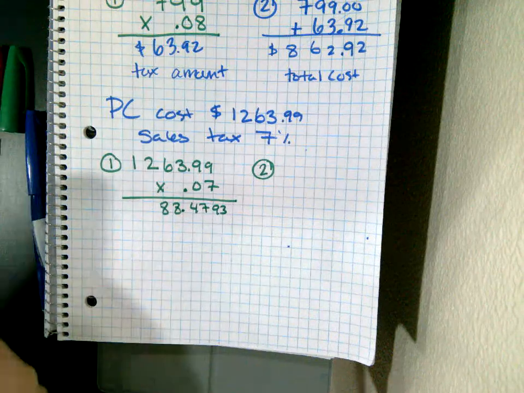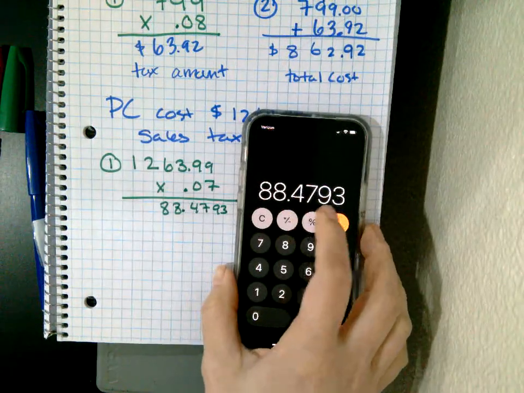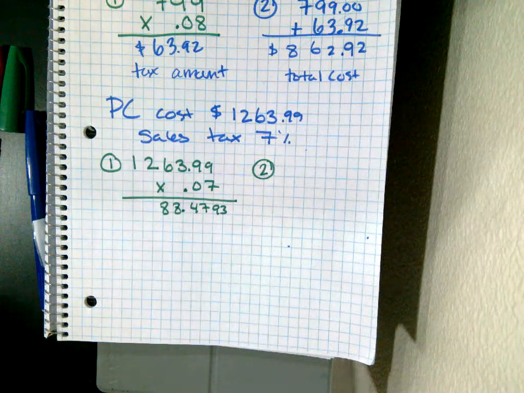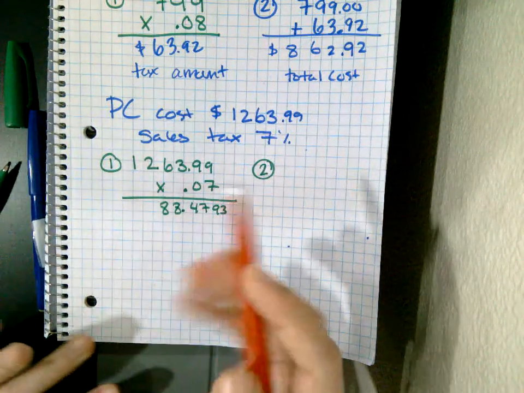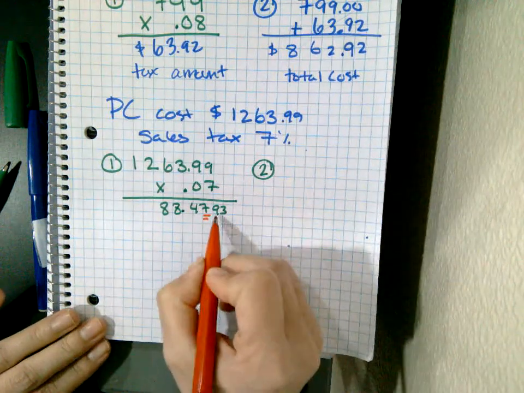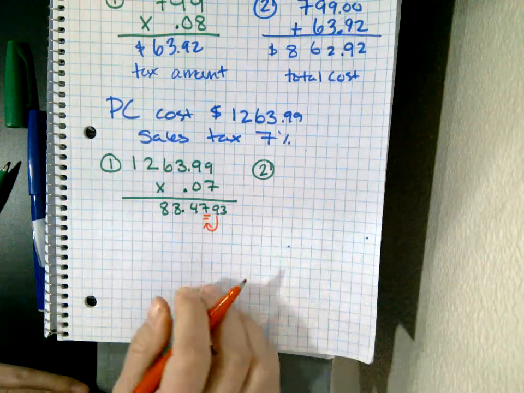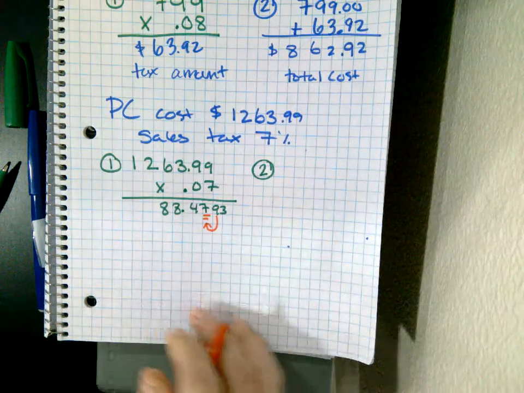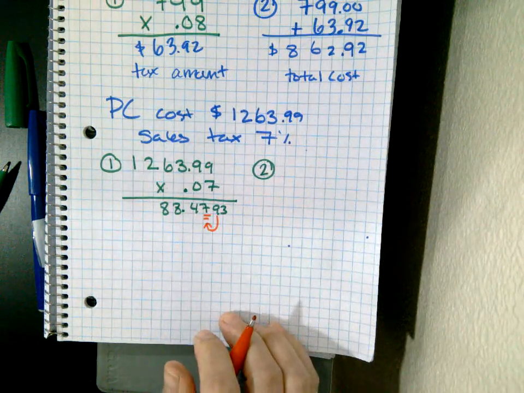All right, I got a decimal with a lot of numbers in the back, right? So what we have to do is round to the nearest penny, which is the 7. So the 9 tells the 7 to do what? Does this 9 tell the 7 to go up or stay the same?